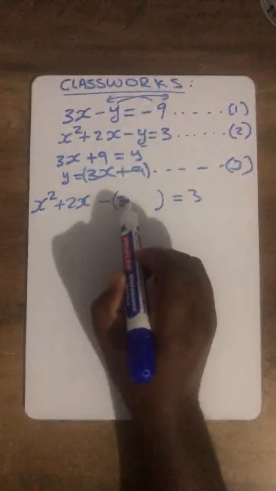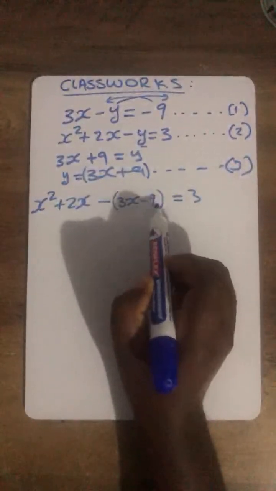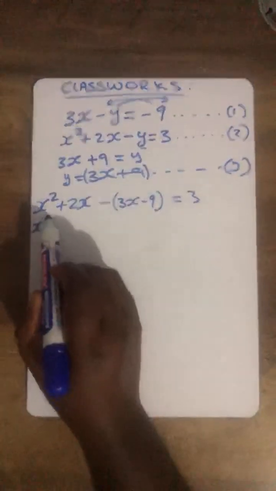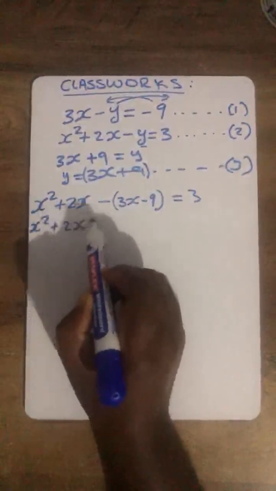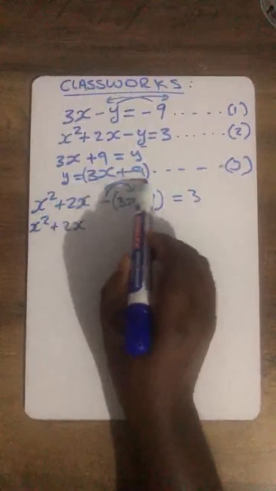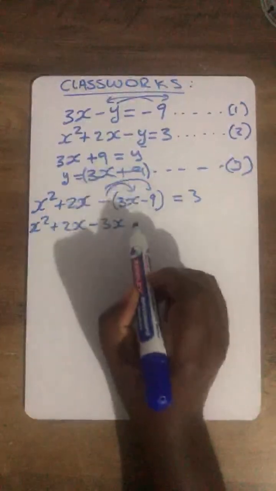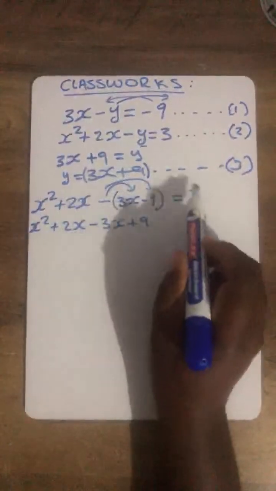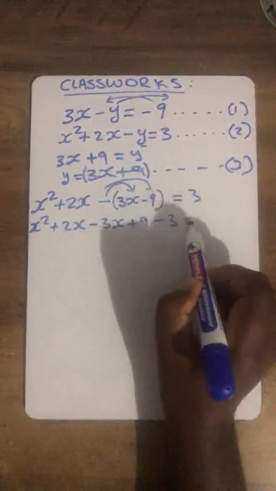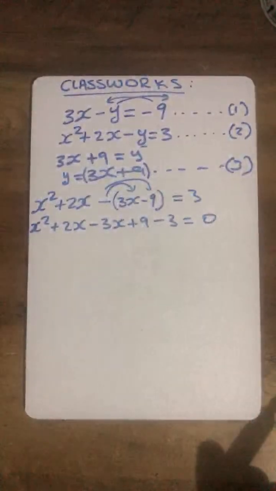Be careful to put it inside the brackets because of that minus. It will have an impact, you will see. So that means you have the negative 3x. That by that, it makes it positive 9. You take this to the other side, it becomes that.